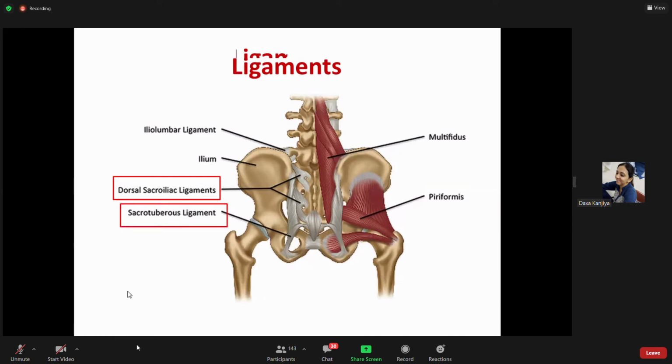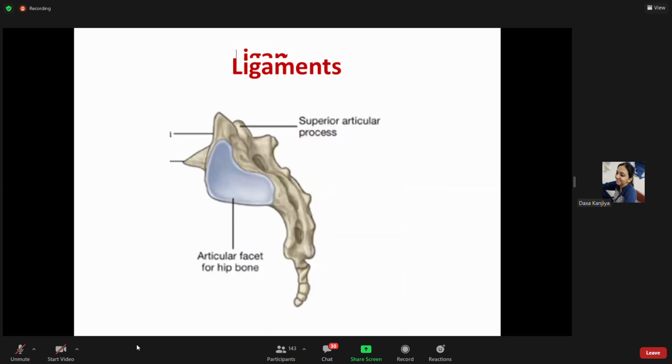Again, here you can see the sacrotuberous ligament from the ischial tuberosity to the lateral surface of the sacrum. The ligament that is left is the interosseous sacroiliac ligament, and that extends from the lower narrowed part of the lateral surface of the sacrum to the ilium.